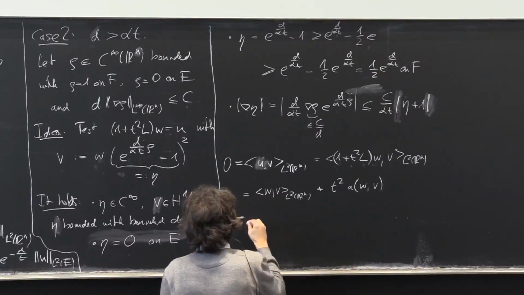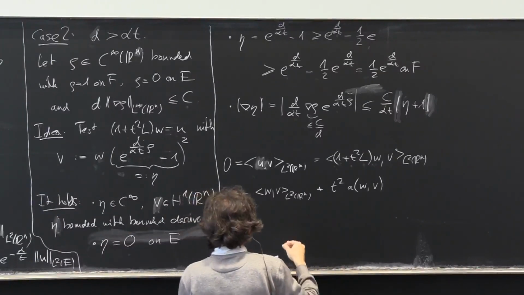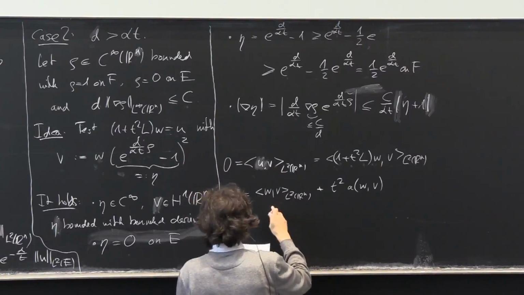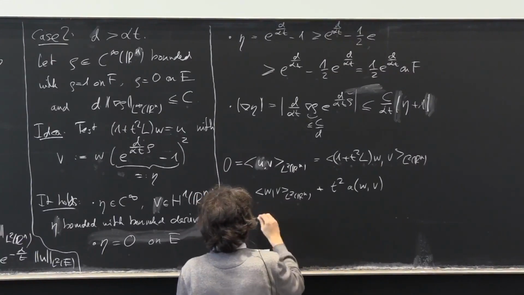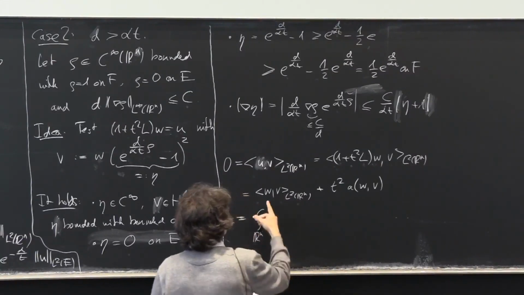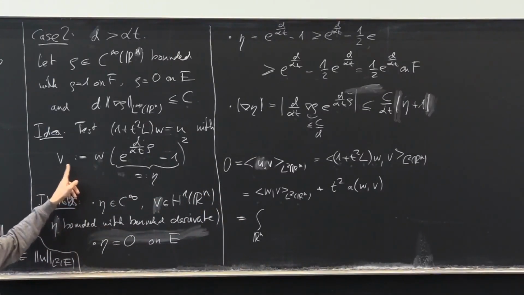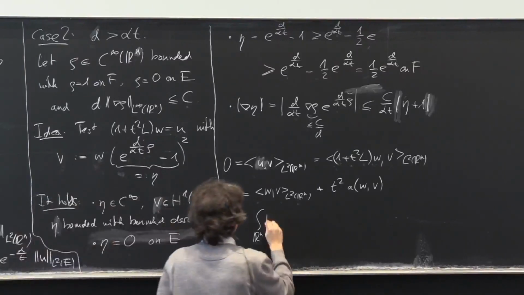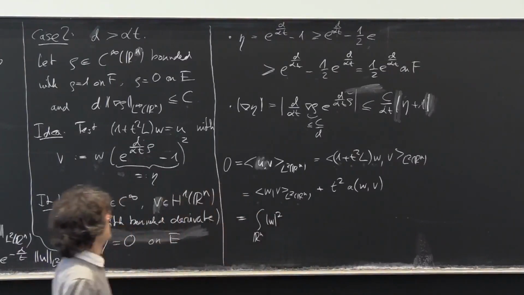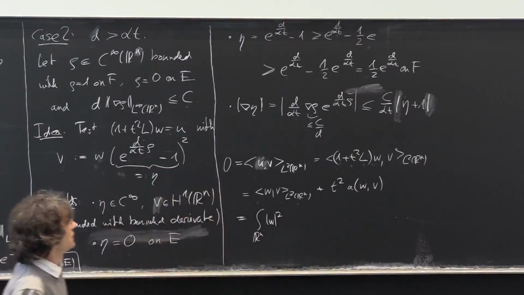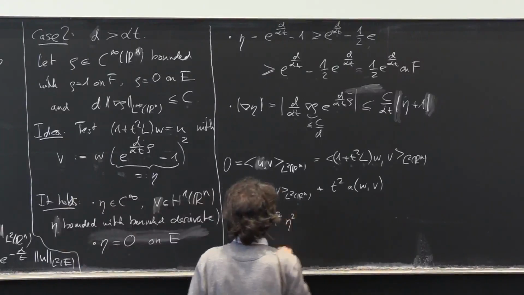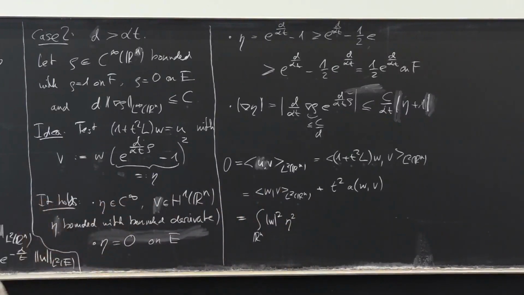Okay, so we can go to the coefficients. Write this scalar product as an integral. What do you get? You get W times V. W times V gives you W times W bar, okay, so this is the modulus of W squared, times eta squared. Bar, but eta is real, so the bar is of no importance.